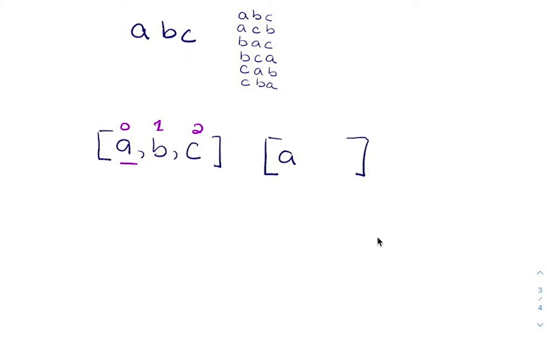When I copy this element over to the permutation array, I need to remove it from here, because I'm not going to have A as any other choice to create my permutation. You'll notice up here that none of the letters were repeated, so we're not going to repeat any of these elements anywhere in our permutation.